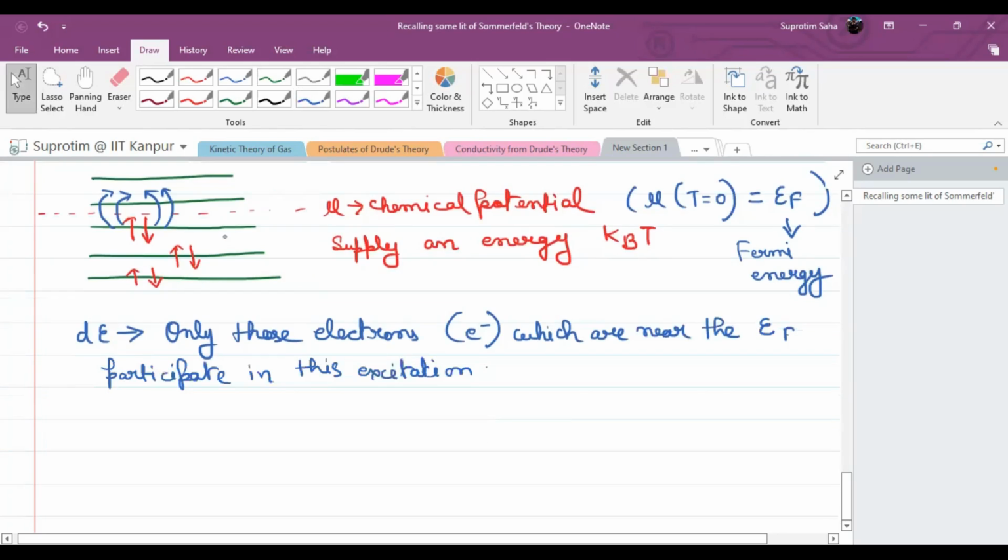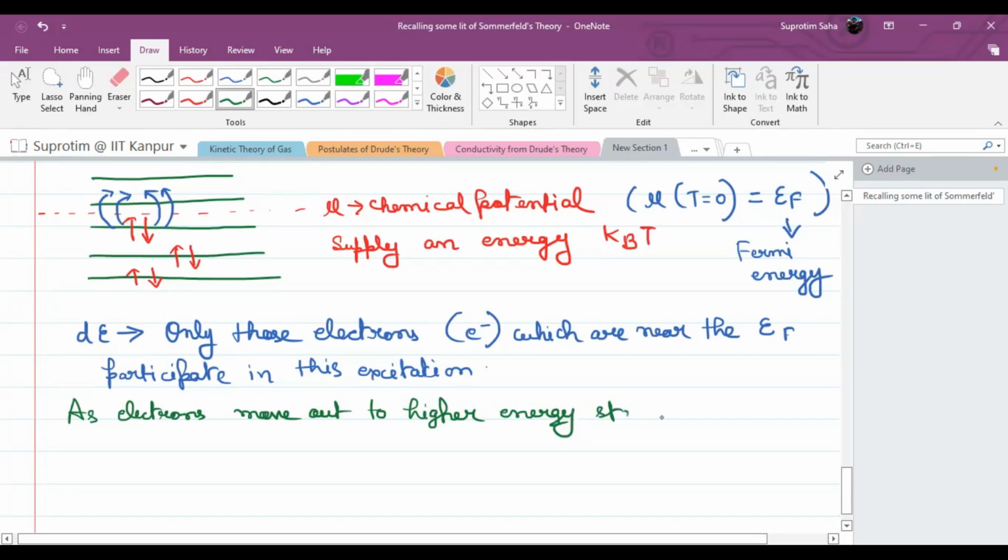So now, as electrons move out to higher energy states, the mean average energy will increase.